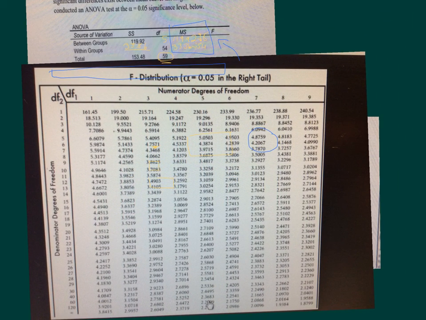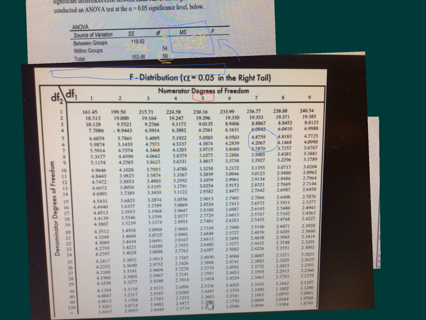I'm going to work in a different color, so everything I write on here will be red, and that is for the Part B answer, okay? For our degrees of freedom, for the numerator, we said that was 5. For the denominator, we said it was 54.